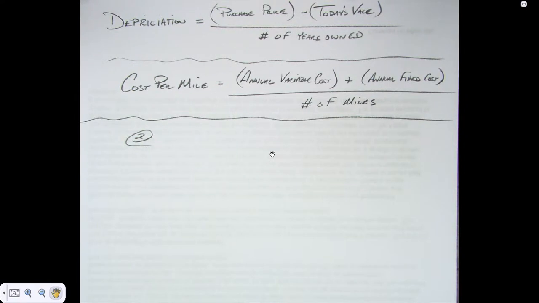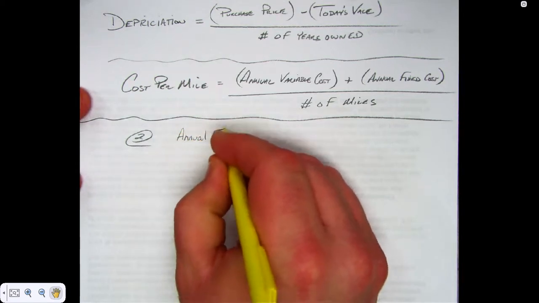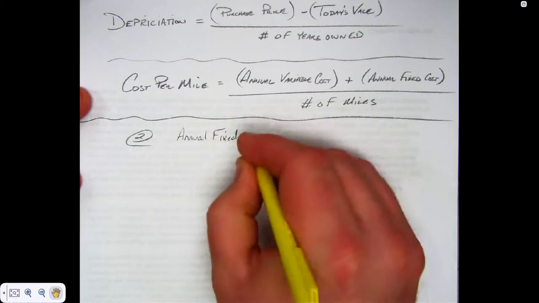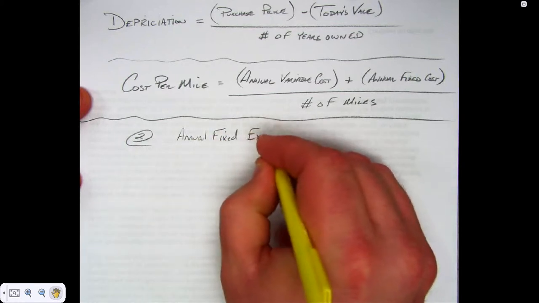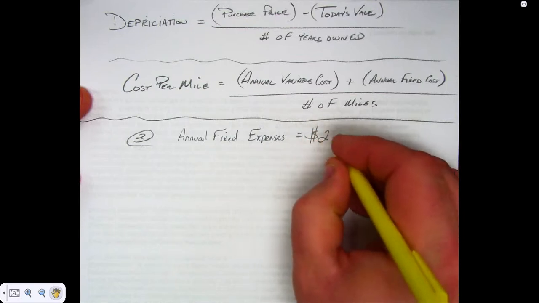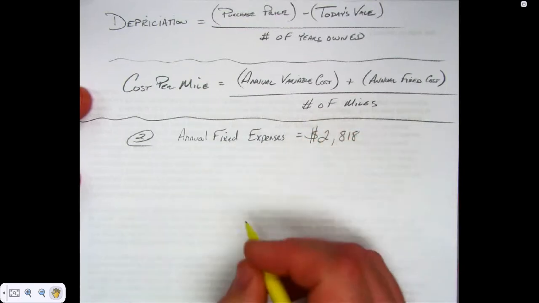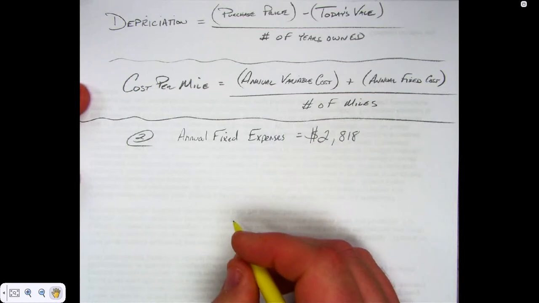Well, number 2 says, this young man incurs $2,818 in annual fixed expenses to operate his car.